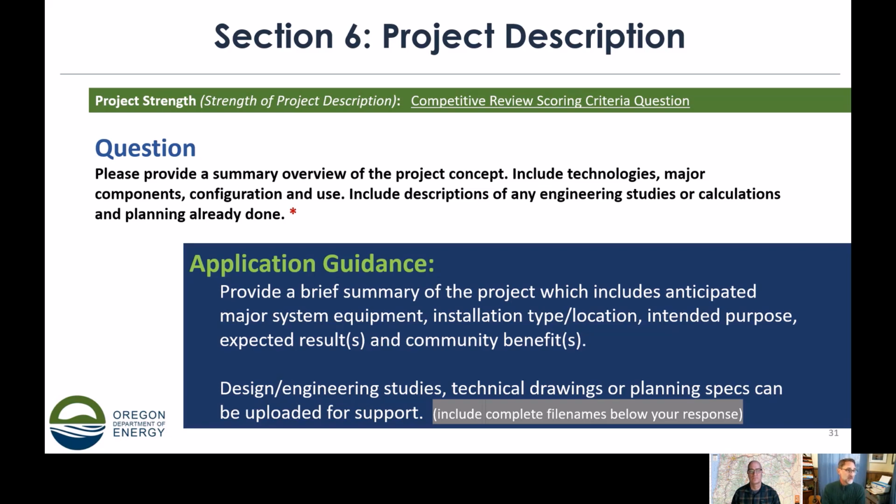And Clay, do you have anything you want to add here? So the detail in this question will get scored in the project strength section of the competitive review, and you'll see that as just one of the line items if you go to the scoring criteria in the opportunity announcement.